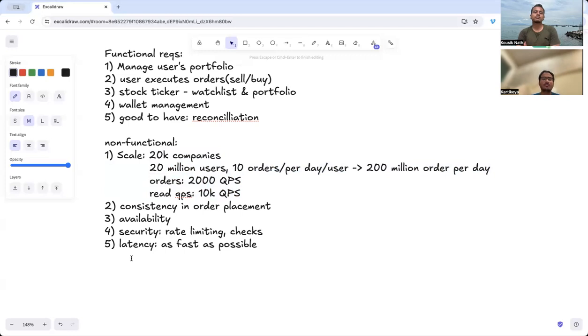I think there is a scale requirement that you wrote here, but that eventually translates into a high throughput system in terms of read and write. Yeah, the system should be high throughput. Yeah, latency, security, availability, consistency, scale. I think this much looks good. If we find something else, we'll write it down later.